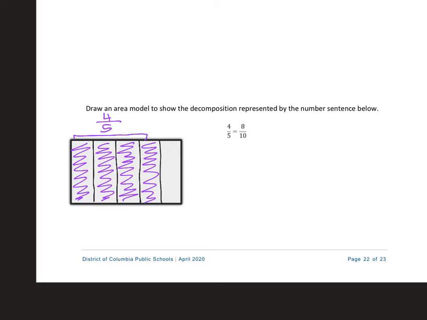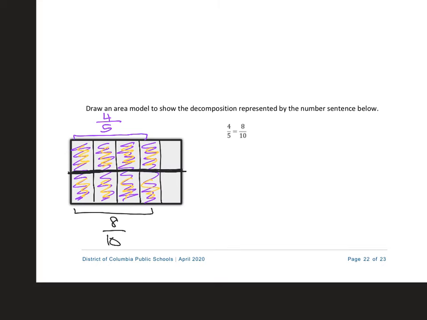So if I make one line down the middle, now I have 10 total pieces. Now I have 1, 2, 3, 4, 5, 6, 7, 8 out of 10 pieces shaded in, just like they wanted. So now we're saying 4/5 is equal to 8/10.